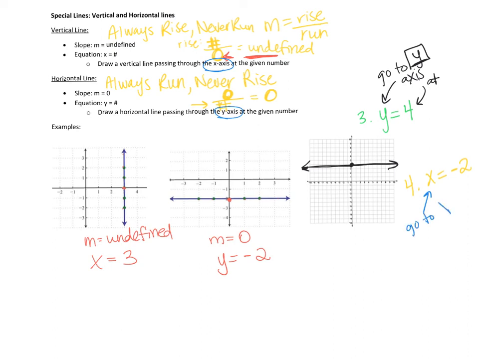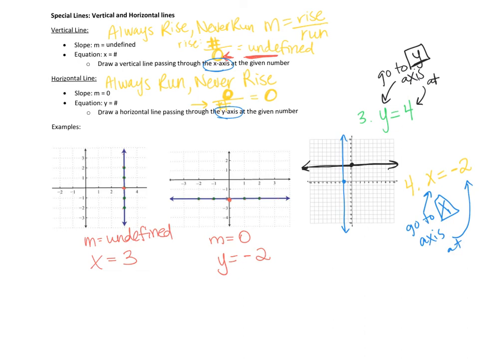This time I'm going to go to the x-axis because they gave me an x letter. And I'm going to go to the axis at -2. So I'm going to go to the x-axis at -2. And this time I'm going to draw a vertical line. Right, because I can only cross that x-axis once.